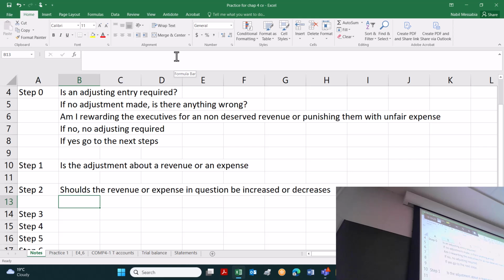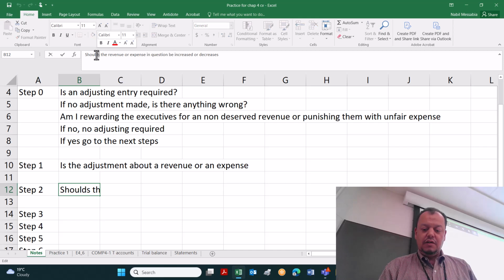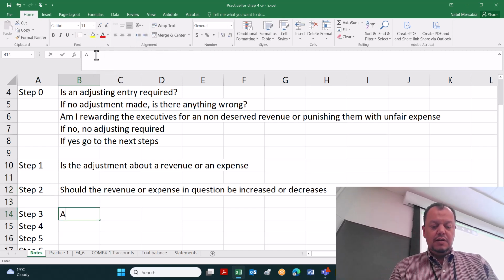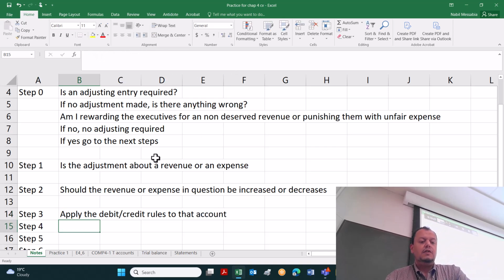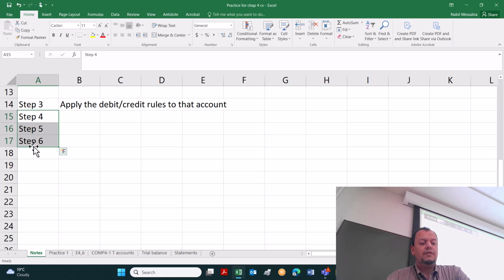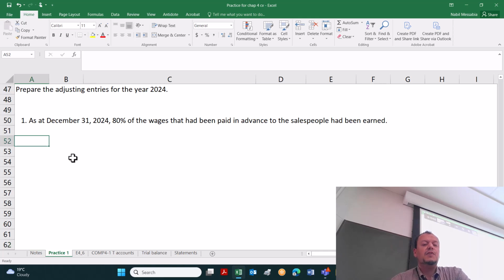Debit. So next step, apply the debit credit rules based on the decrease or increase of the expense. So now apply the debit credit rules to that account. Okay, so let's do it. Here we said this is about a salary expense, and it is about charging the executive team for a salary expense that they have consumed.